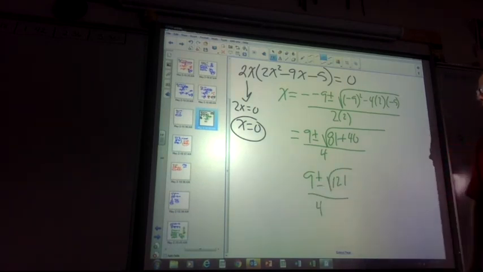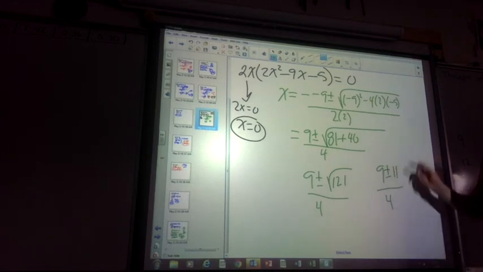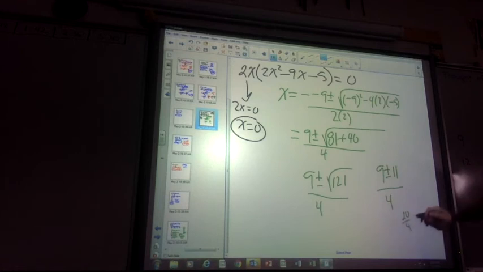What's the square root of 121? It's 11. 11 times 11 is 121. All right, 9 plus 11 is 20, so I get 20 over 4, which is 5. 9 minus 11 is negative 2 over 4, which gives us negative half.